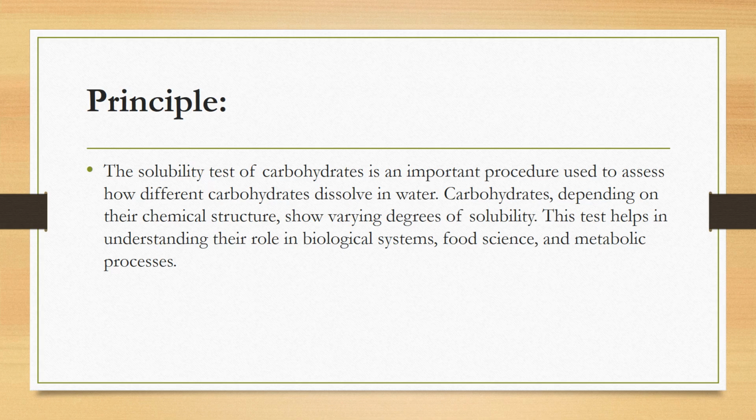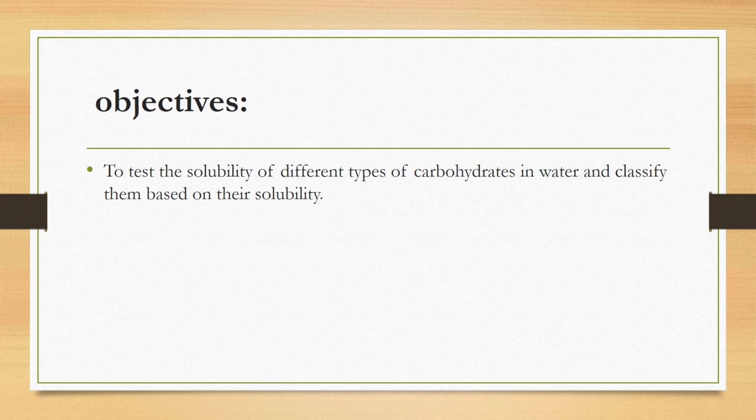This test helps in understanding their role in biological systems, food science and metabolic processes. The objective of the test is to test the solubility of different types of carbohydrates in water and classify them based on their solubility.